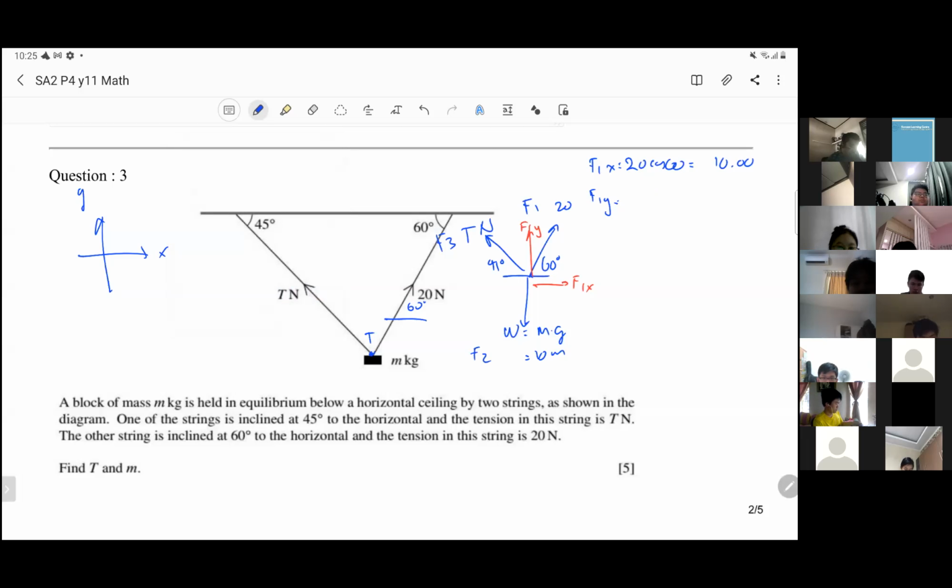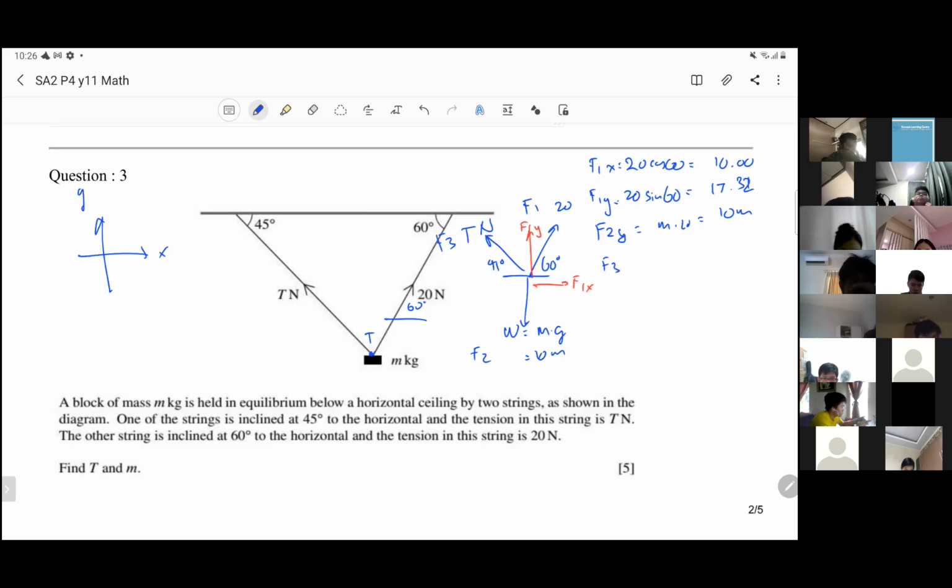Yeah, 17.3. Give me the calculation first. Oh, Leon. 20 sin 60. Okay, and that is 17.32. Good. Next, the F2 we have only on the Y direction. That's going to be M times 10 or 10M. That's it. There is no F2 on the x-axis.